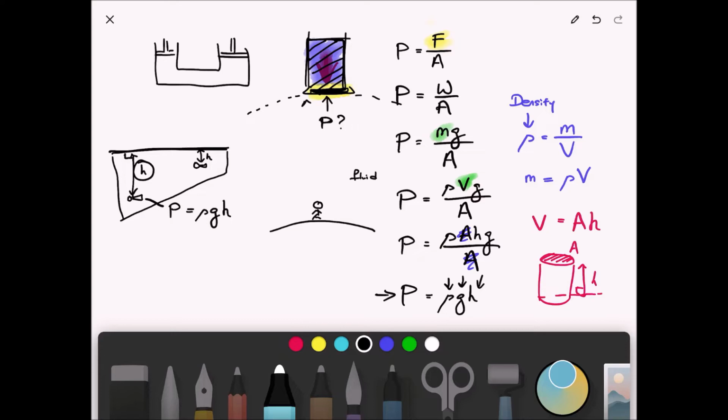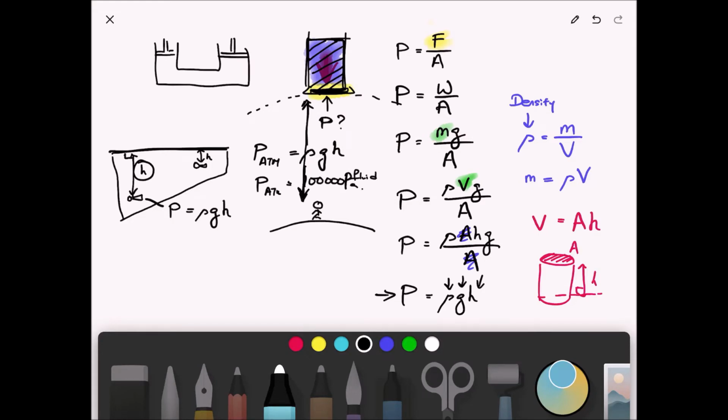So actually, you are under a lot of pressure. The pressure acting on you by the atmosphere is equal to the density of the air multiplied by g and multiplied by the thickness of the entire atmosphere to the sea level. If you multiply all these things together, the atmospheric pressure is about 100,000 Pascal.